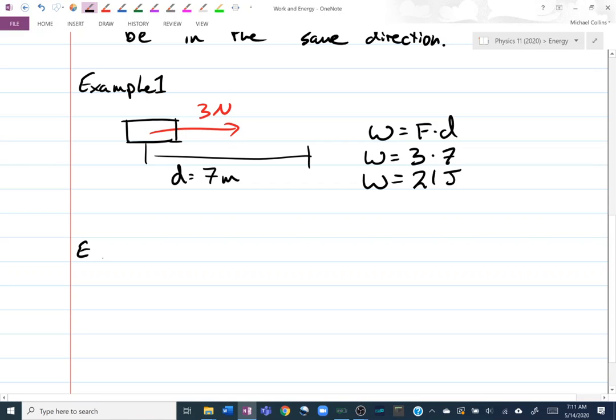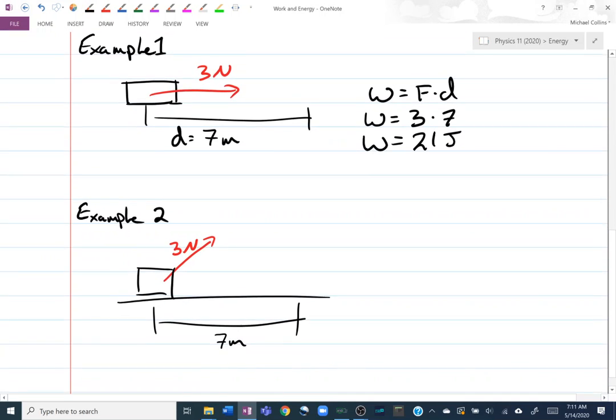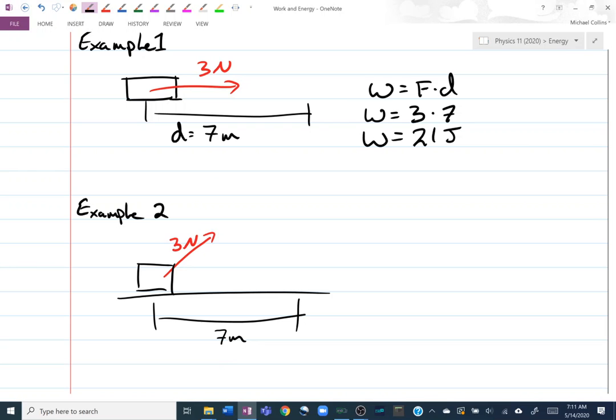But now what happens, we take a little bit more of a realistic example, and we have our object that's being pulled along the ground with a force of, let's do 3 newtons again, and let's do a displacement of 7 meters. But this time it's at an angle, and let's just call that angle 30 degrees for fun. So now what we're going to have to do, this is pretty common, is we're going to have to split it into components.